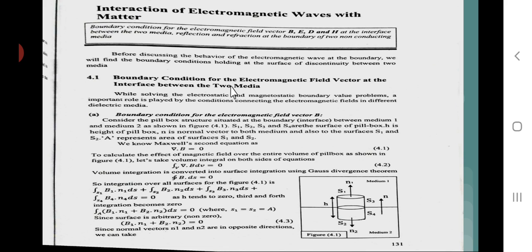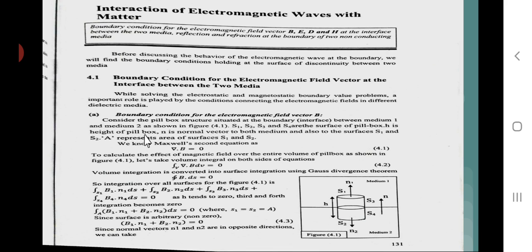Now, boundary conditions for the electromagnetic field vector at the interface between two media. While solving the electrostatic and magnetostatic boundary value problems, an important role is played by the conditions connecting the electromagnetic field in different dielectric media.